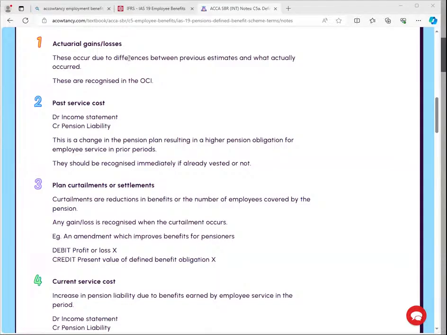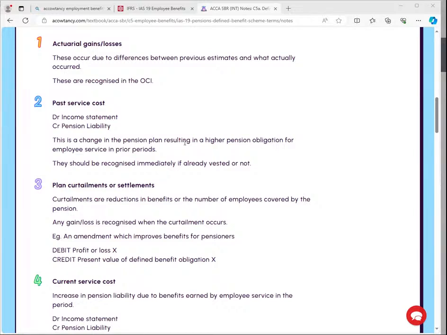Actual gains or losses, these occur due to differences between previous estimates and what actually occurred. Normally, the actuaries come at the end of the year, and they'll be able to look at the actual happening versus what was predicted. Past service cost, this is a change in the pension plan resulting in a higher pension obligation for employee service in prior periods. These guys worked for us.